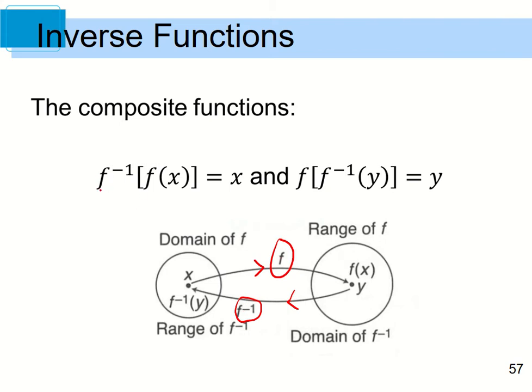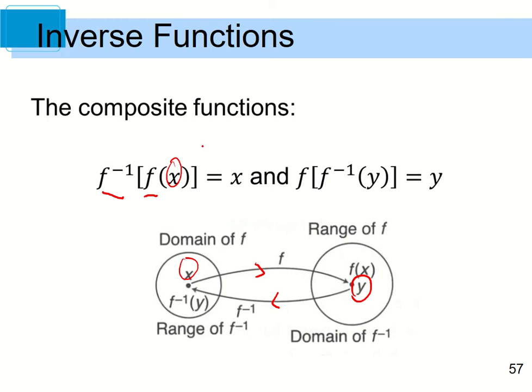Since the inverse function is the reverse process of f, when we put these two functions together, we will get back the x itself. As we can see here, the x first goes through the function f, so we get the y, and after that the y goes through the inverse function, so we get back the x.